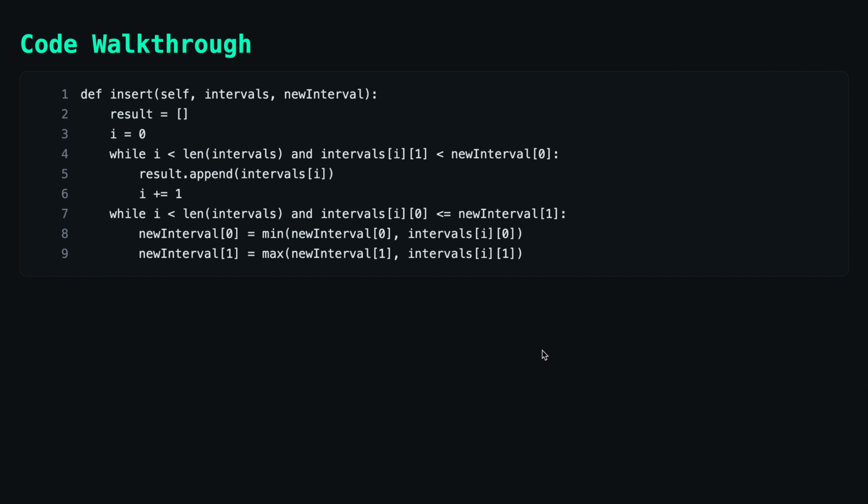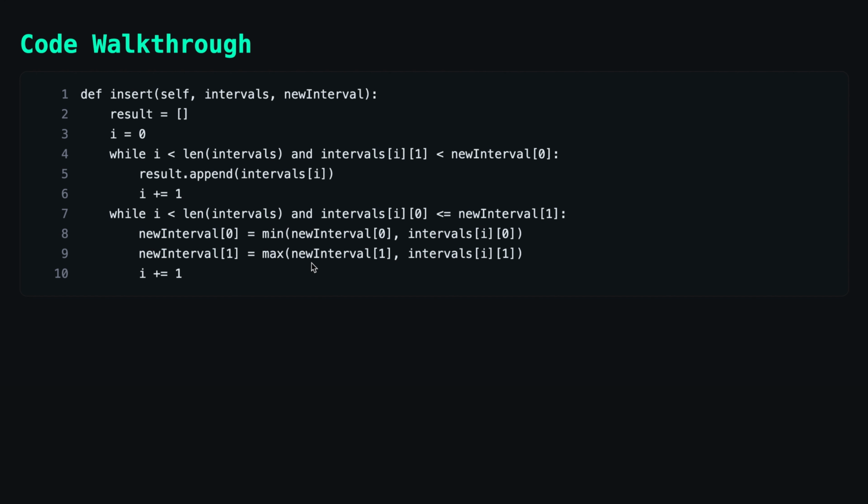Next we handle the overlapping intervals. As long as the current interval overlaps with the new interval, we keep expanding the new interval by updating its start and end. So we take the maximum end time of the two intervals as the end of the final merged interval.